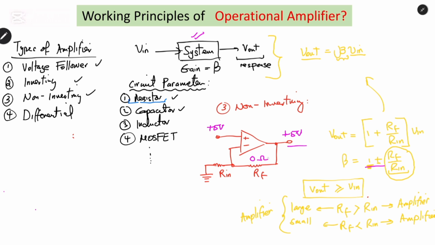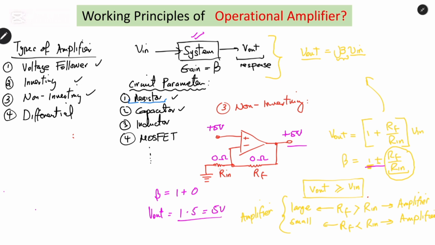If you apply 0 ohms and 0 ohms at this end, then you should be able to get beta equals 1 plus 0. By substituting into this equation, you now have V out equals 1 times 5. You should be able to get 5 volts.